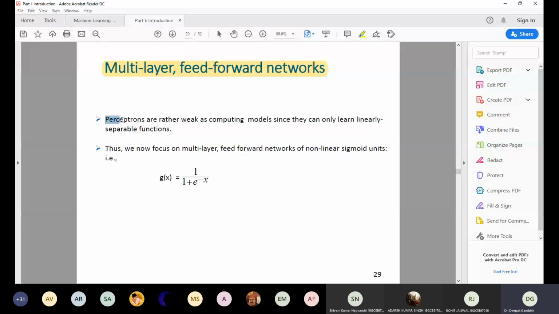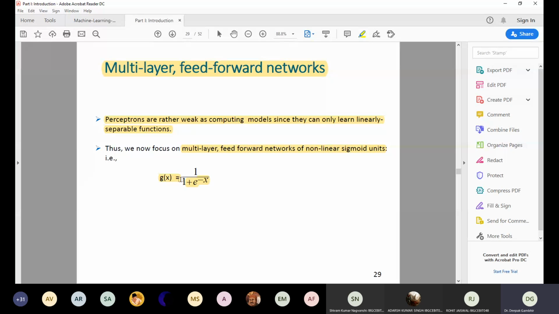Perceptrons are rather weak as computing models since they can learn only linearly separable functions. Only linearly separable functions are computed by perceptrons, so they are weak models. So we now focus on multi-layer feed-forward networks of non-linear sigmoidal units. To make it a non-linearly separable function, we will use the non-linear sigmoid unit, and that formula is given by 1 over 1 plus e to the power minus x.